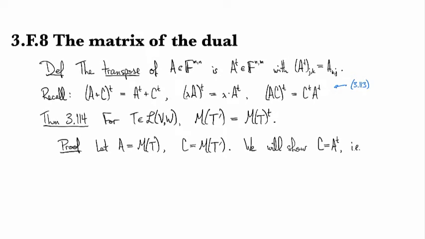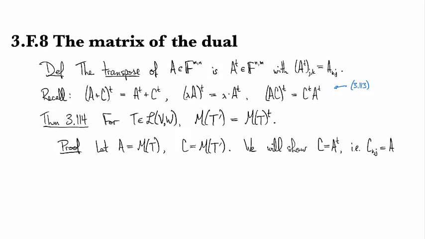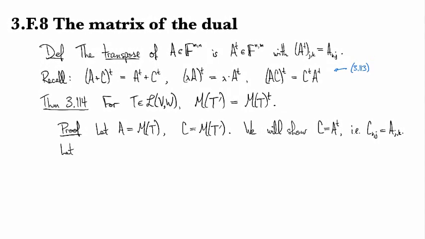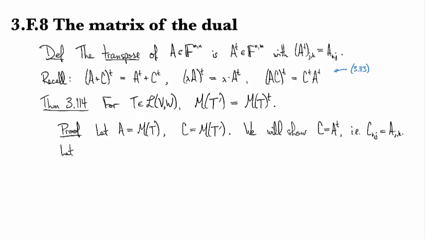In other words, we need to show that C_kj is equal to A_jk, or vice versa. In order to do this, the connection between transforms and matrices is always given by a basis. So let's write down the notation for our bases.